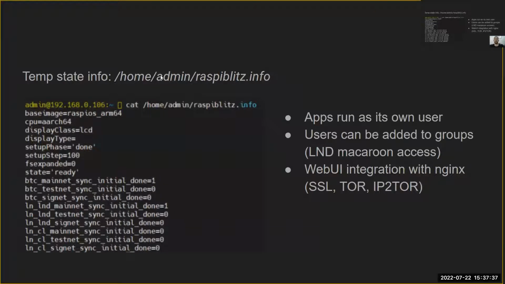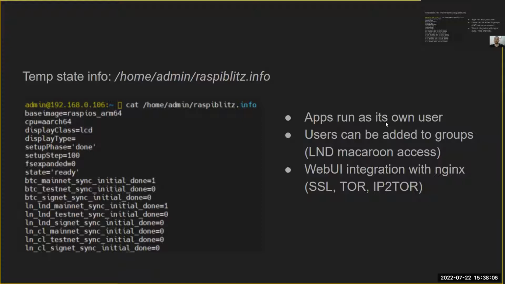Okay, so again, there are some configs. This is your temporary config, in raspiblitz.info. It shows what system it has, what architecture, what hardware you're running. It creates this file every time you start a new SD card. Every app that you create runs as its own user.